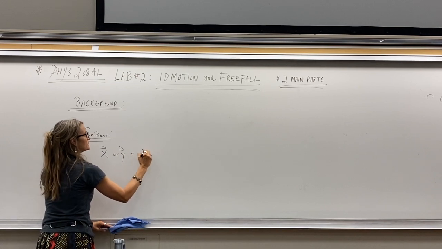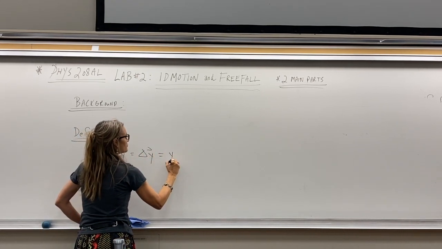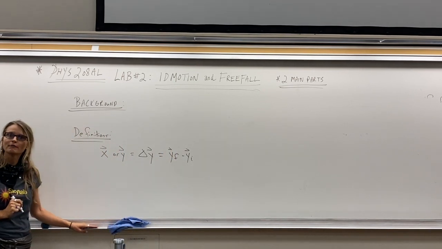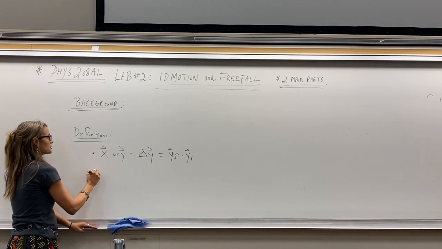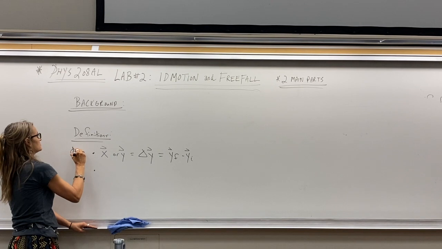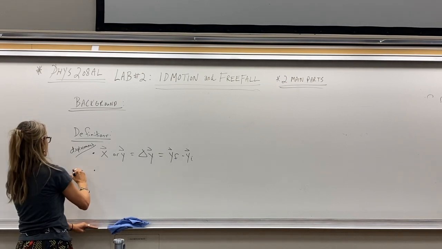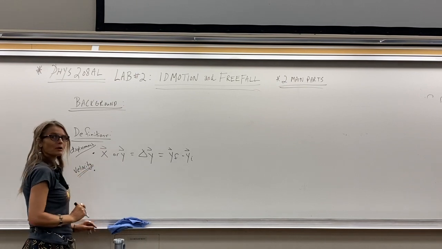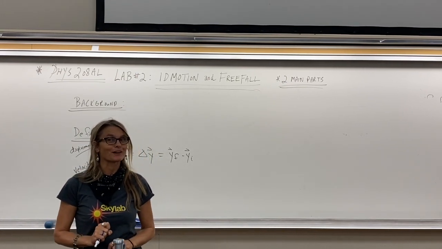So definitions we have: displacement is the change in the position vector. That's y final minus y initial, and we'll be doing some parts that will involve that definition. The next one is velocity, and always remember when to apply your average velocity formula versus your instantaneous velocity.